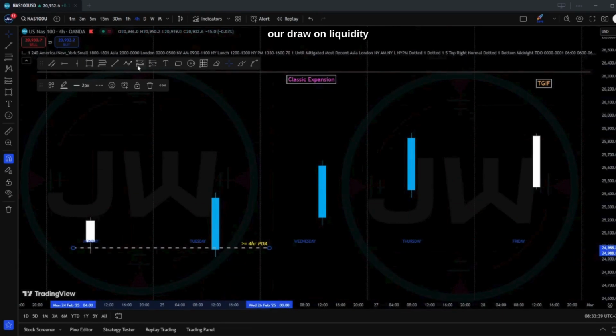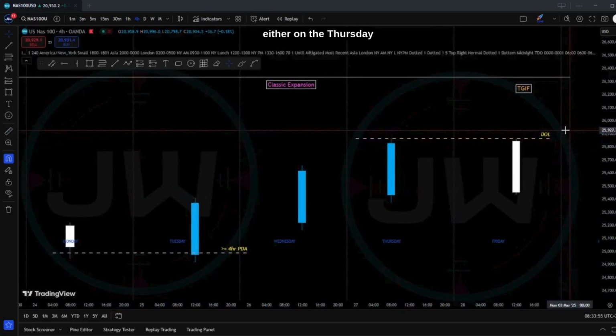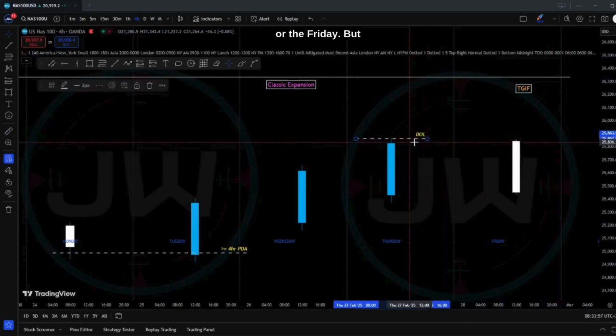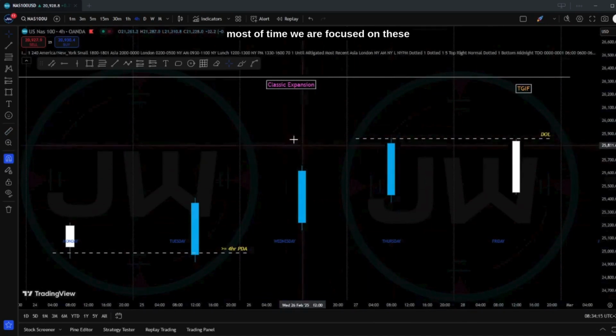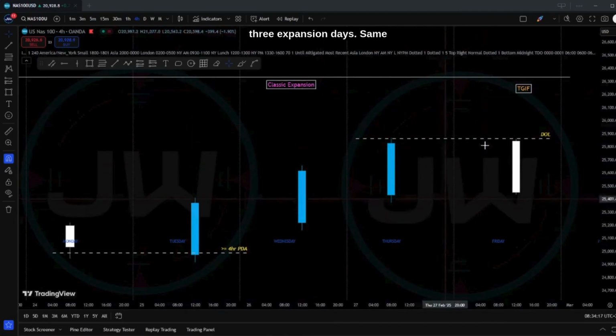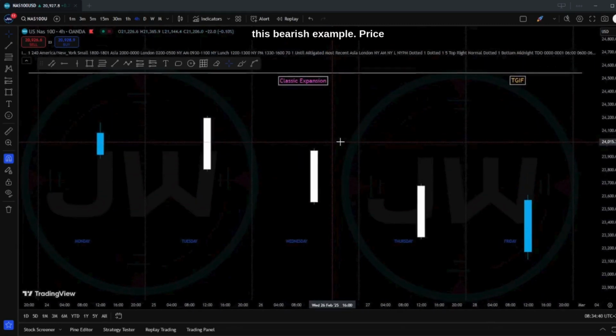And then price reaches our draw on liquidity. And that target is met either on the Thursday or the Friday. But most of the time we are focused on these three expansion days. Same with this bearish example.